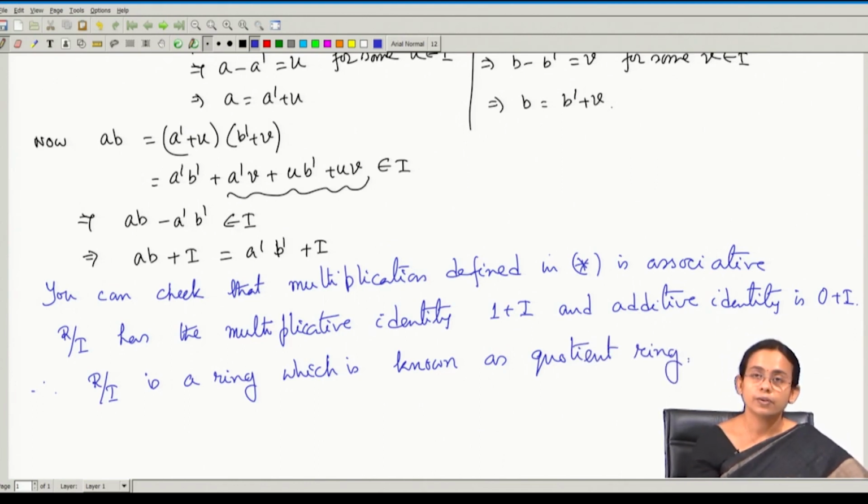Starting from a ring and an ideal, I can talk about the set of all left cosets, and on this set I have an addition operation and also a multiplication operation, and with respect to these two operations it has a ring structure, which is known as the quotient ring. Now let us look at some examples of quotient rings.